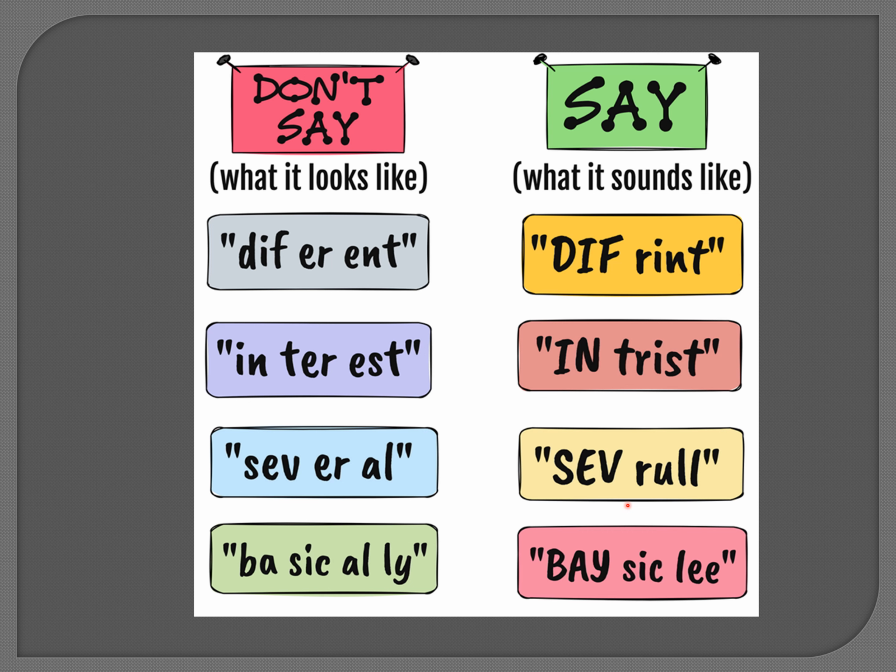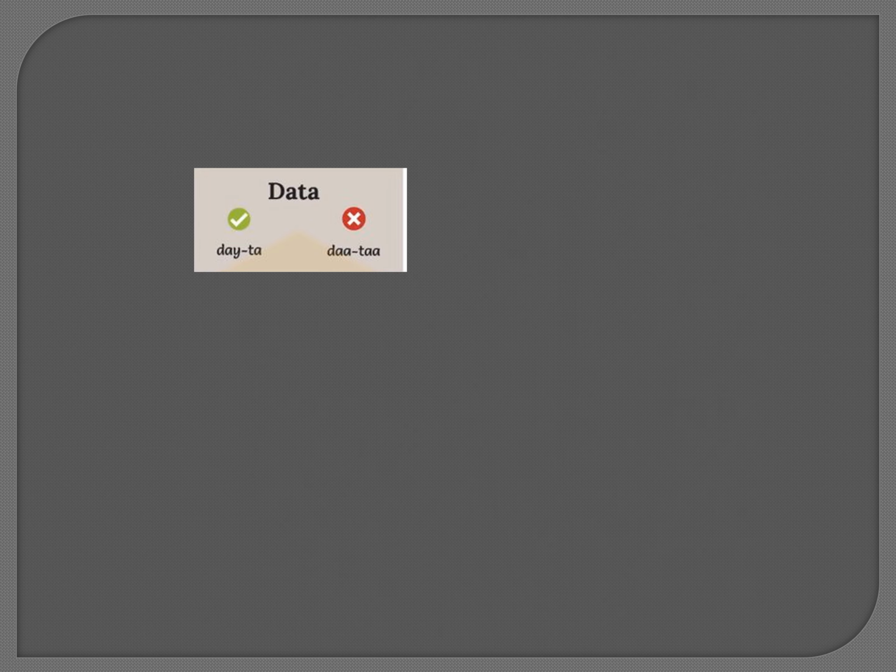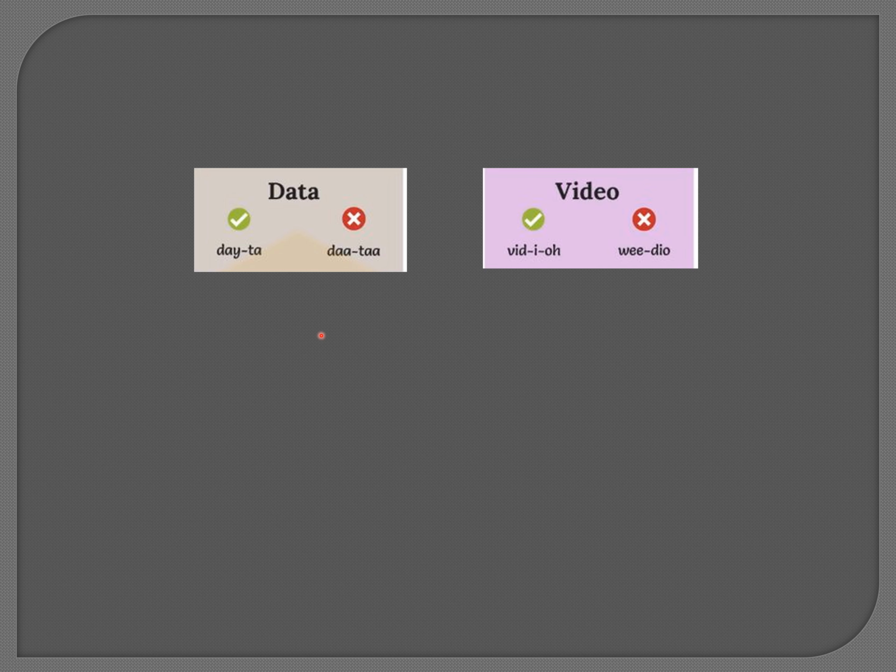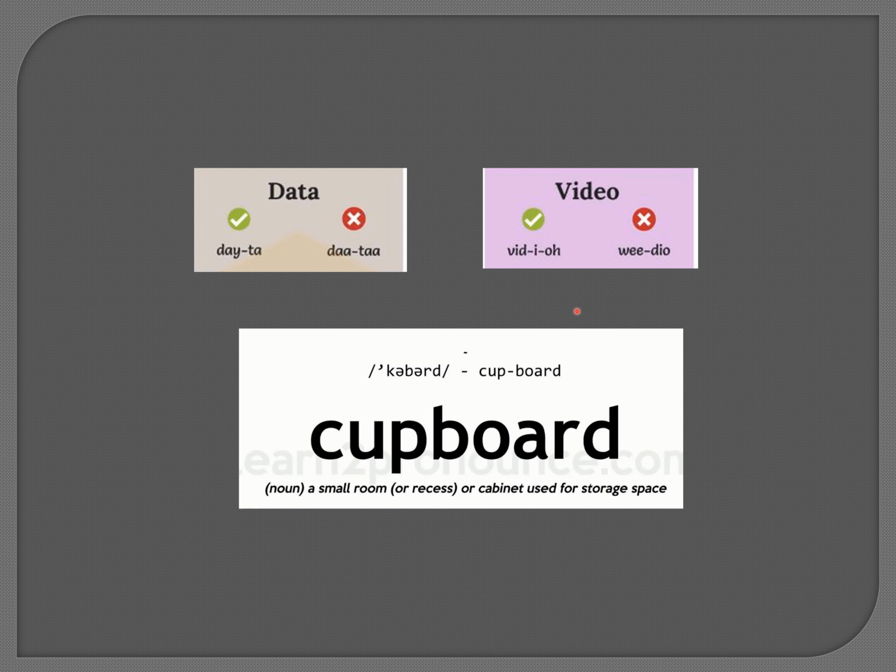Several. The next word is basically. Basically. It's not basically, it's basically. The next word is data. Data. The next word is video. Video. The next word is covered. Covered.